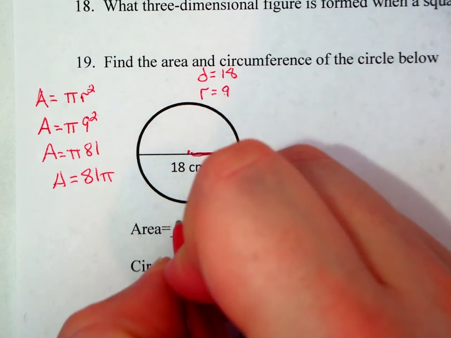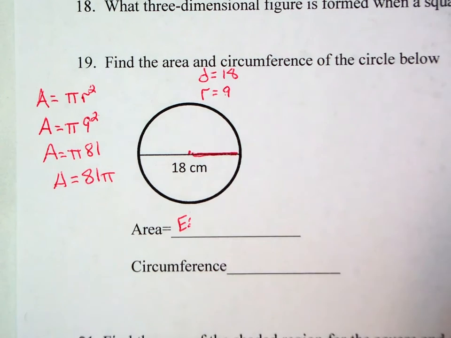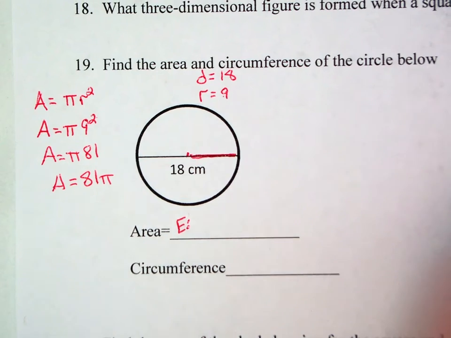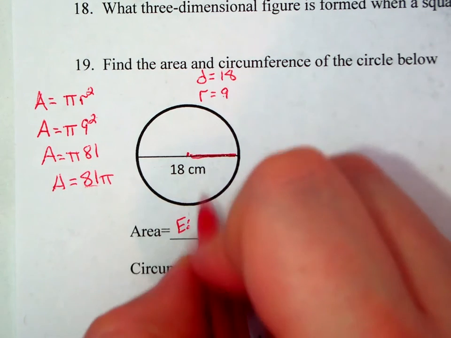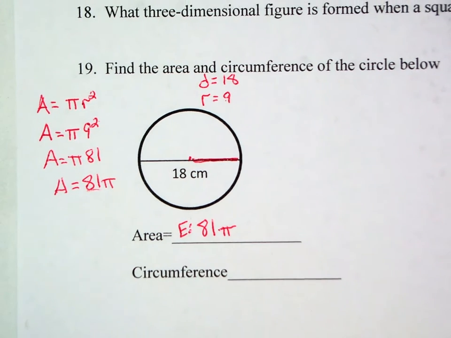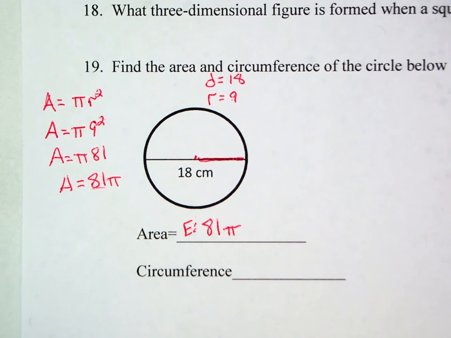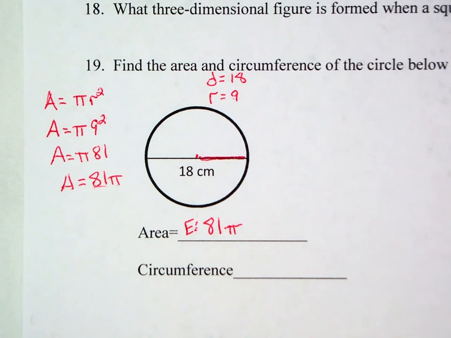So if I were doing an exact area, which we've represented with an E, then I would take this solution right here, 81 pi. Because an exact solution is always going to have pi. Anytime I give an approximate value for pi, I change my exact solution into an approximate solution.